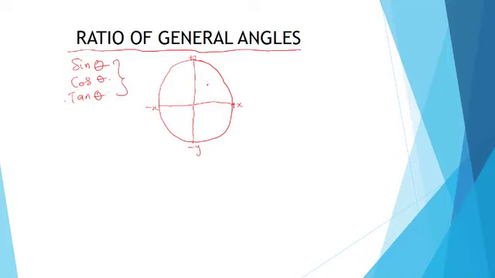I stated clearly in our previous lesson that this is the first quadrant, this is the second quadrant, this is the third quadrant, and this is the fourth quadrant. And we have 360 divided by 4, which is 90 degrees. So everything that has to do with the first quadrant is 90, second 90, and third is this.